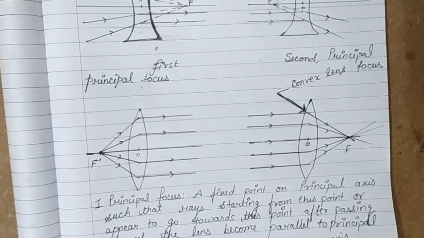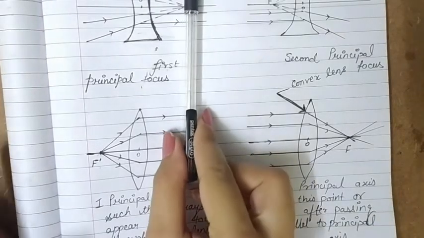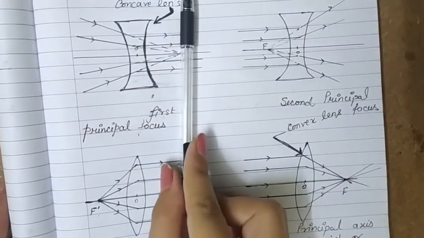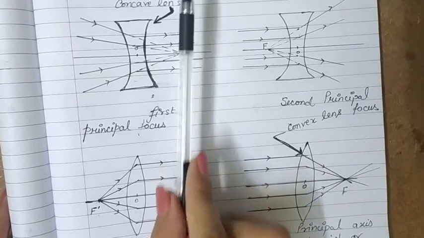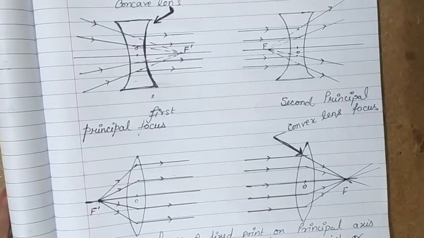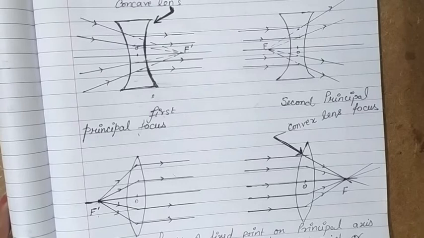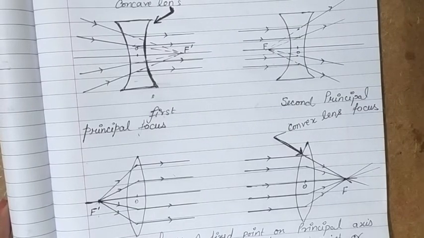So the plane that is passing through the first principal focus and perpendicular to the principal axis is called the first focal plane, meaning it should pass through that focus and it should be perpendicular to the principal axis.